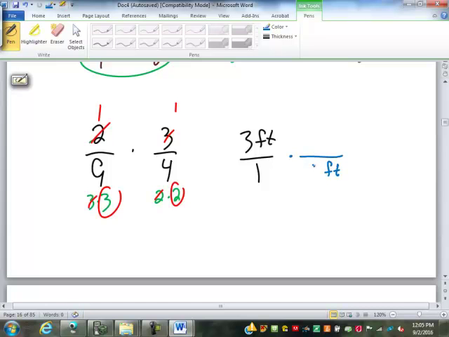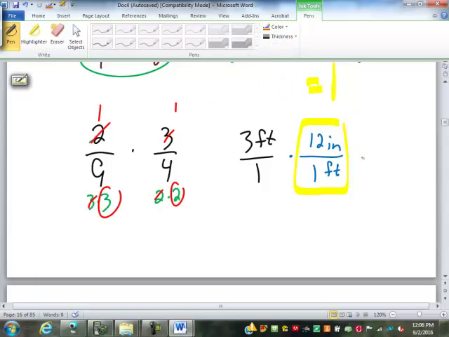If I put 1 foot on bottom and 12 inches on top, I'm going to stop for a second. What does that equal? 12 inches over 1 foot. That's the same thing. So it still equals 1. It doesn't look like it, but it's the same value in the numerator as in the denominator. So that's still a fraction that's equal to 1. When we multiply by 1, it does not change the value. It just changes the appearance.